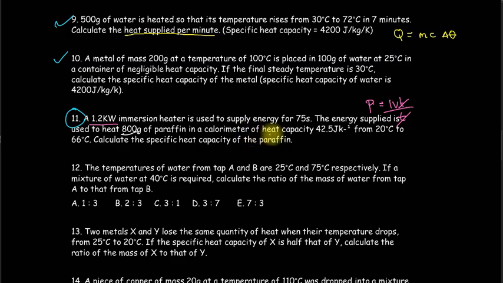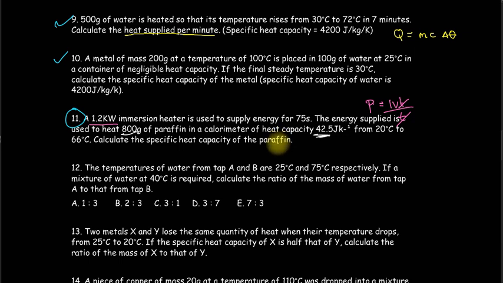Okay, a calorimeter of heat capacity. This might look a little bit confusing, but please don't be confused. The confusion is that they give us the heat capacity of the calorimeter in which the paraffin was placed. Usually the heat capacity of the calorimeter is taken to be negligible, but in this question it actually has heat capacity.